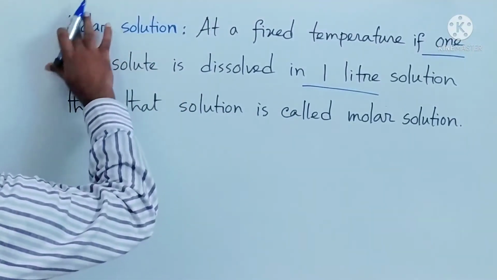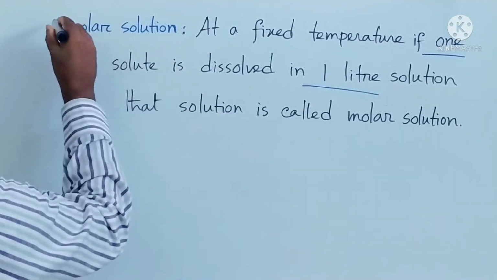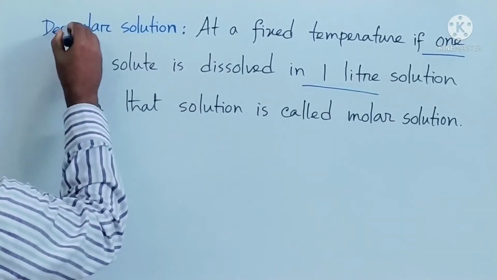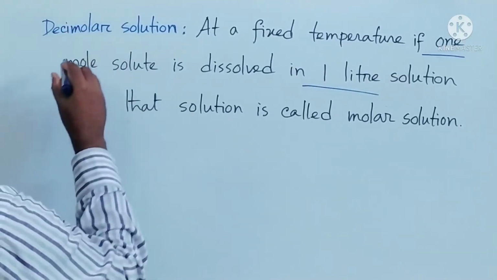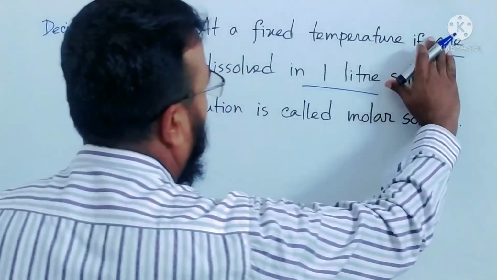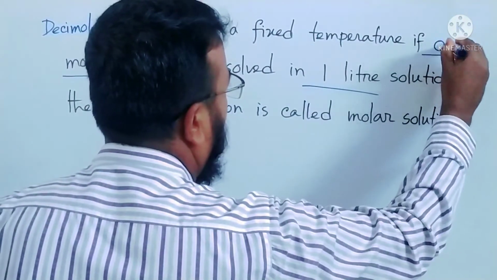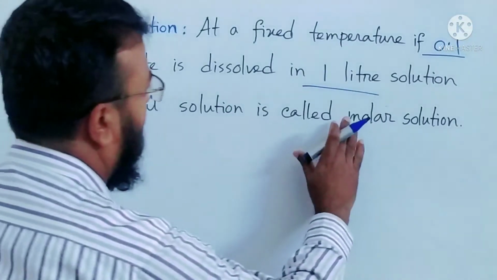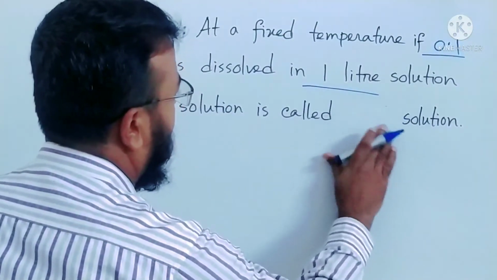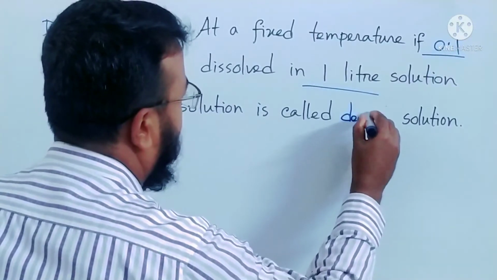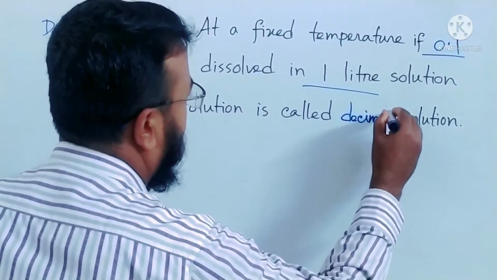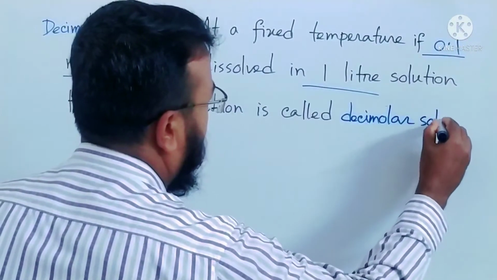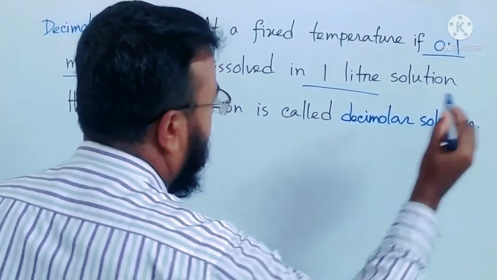Now if I write the second one, decimolar solution. Okay, then instead of 1 it will be 0.1 mole solute dissolved in 1 liter solution, then it is called decimolar solution.